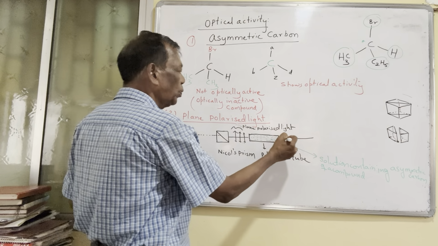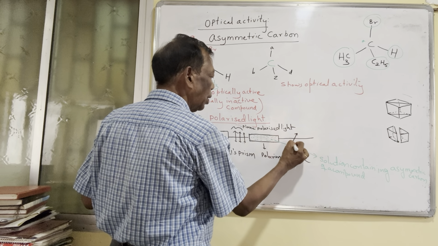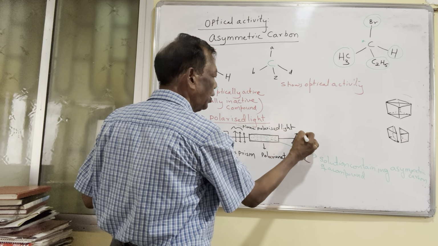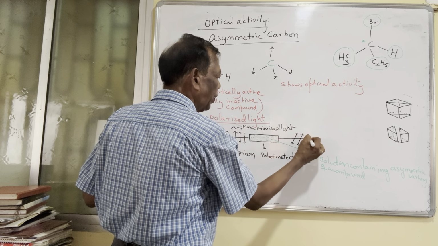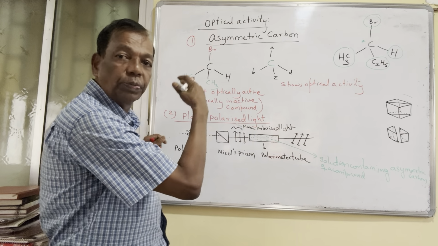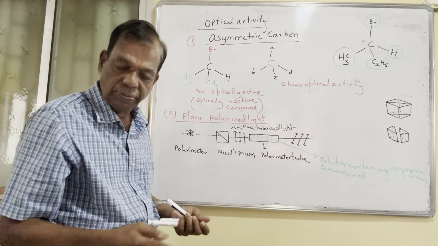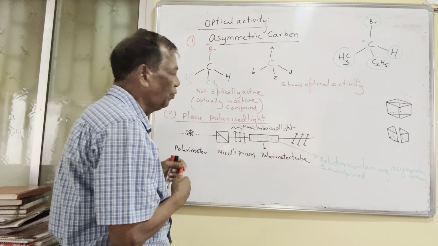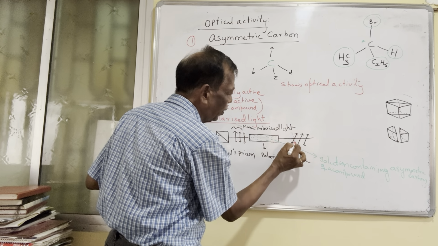This is found to rotate through a certain angle. See, this light, instead of vibrating in the original plane, is found to turn in a certain direction. So I will just show one because it will create confusion. So originally it was vibrating like this.